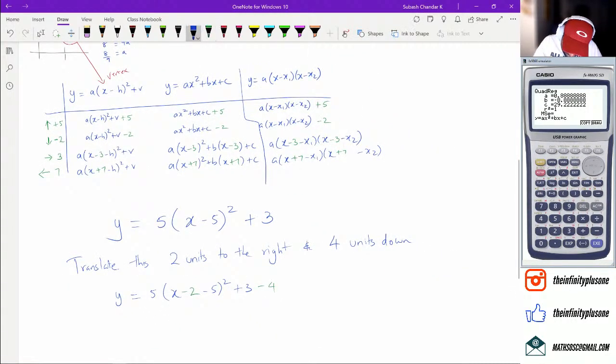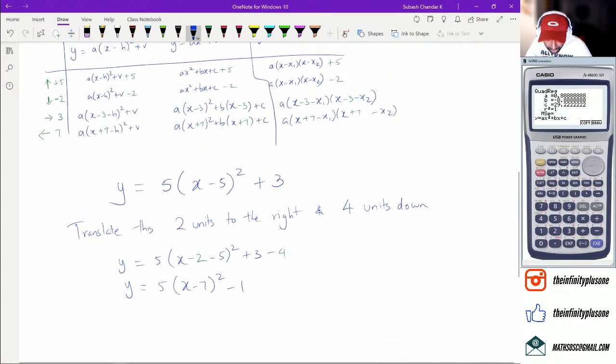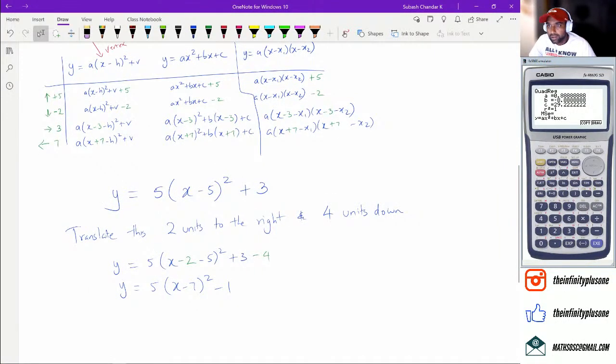So when we simplify this, we are going to get 5x minus 7 squared minus 1. So pretty much that's what we're looking at.